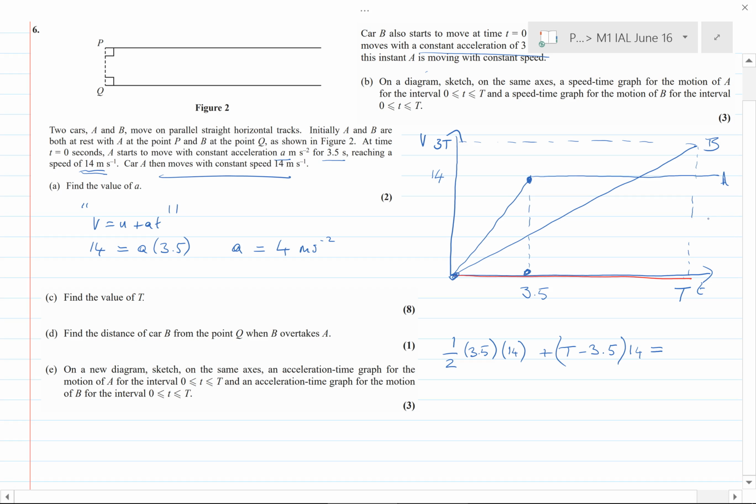The area of that triangle is half times t times 3t. So we just have to solve that. The area underneath must be equal because it's the same distance.